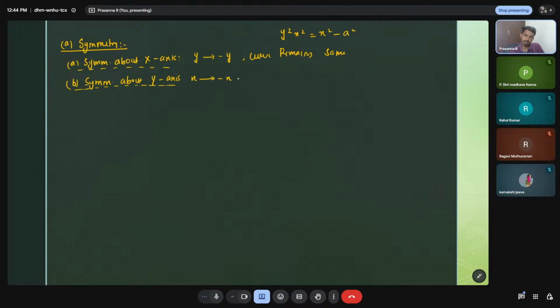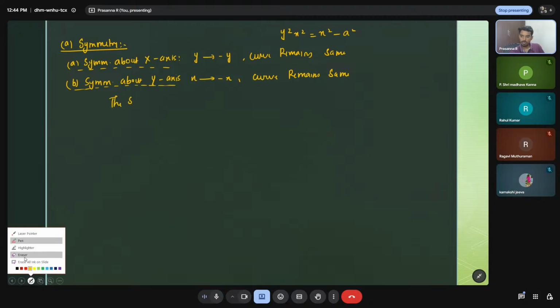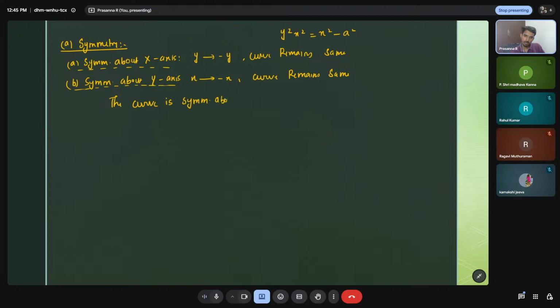If you replace x by minus x, again the curve remains the same. That means the curve is symmetrical about x-axis as well as y-axis.